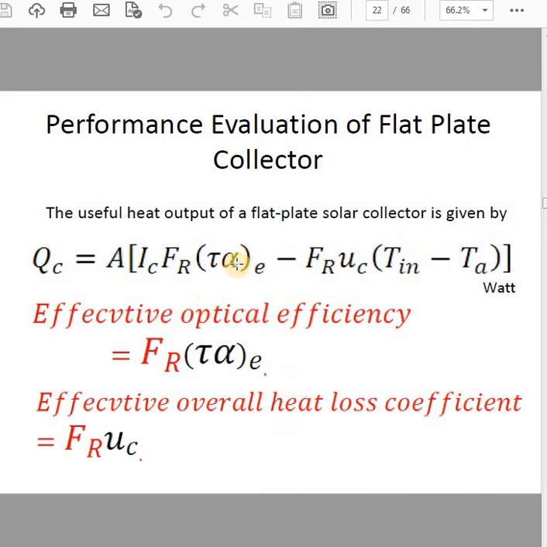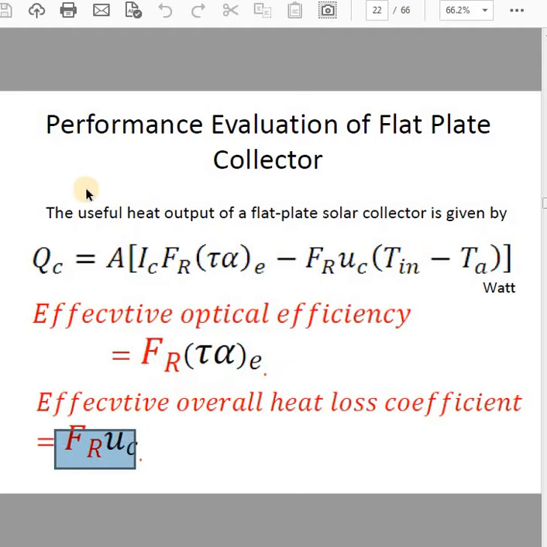So, the performance evaluation of flat plate collectors. The flat plate collector's output is calculated, where Q signifies the heat output obtained. The effective optical efficiency is Fr into tau alpha, and then the effective heat loss coefficient.